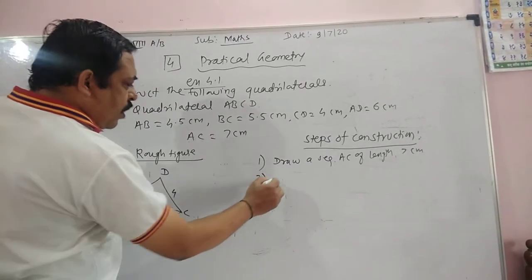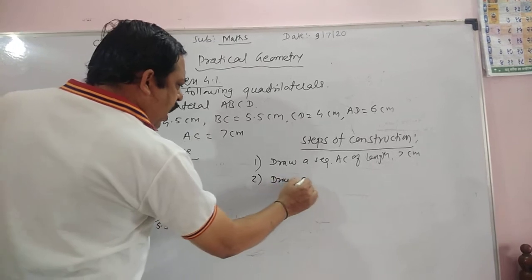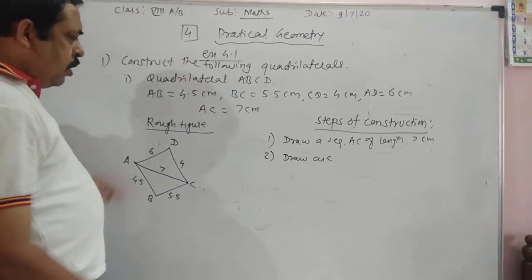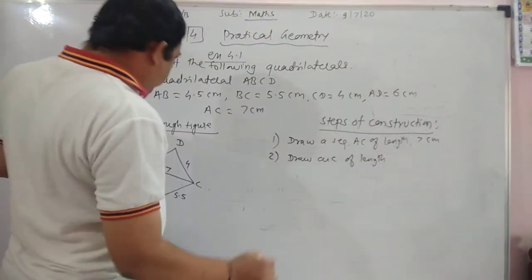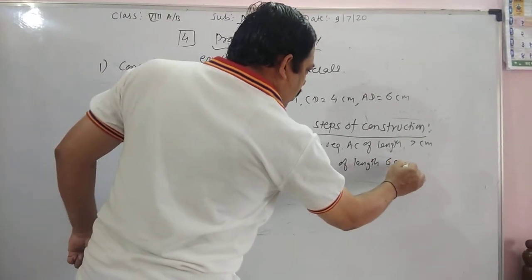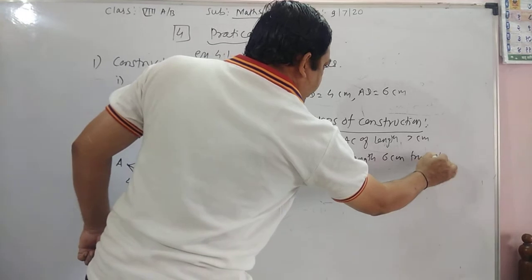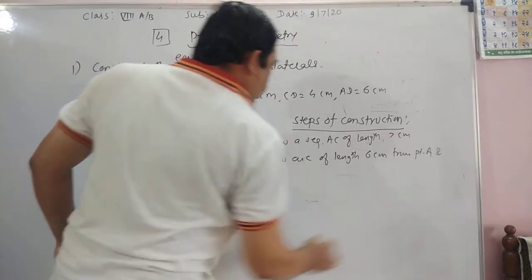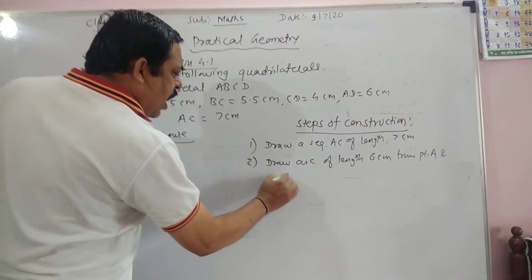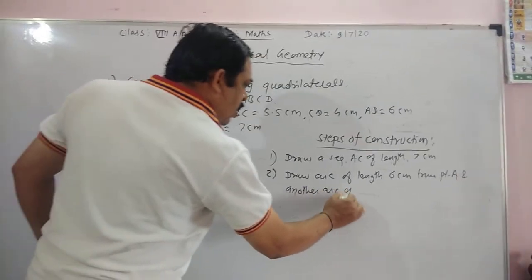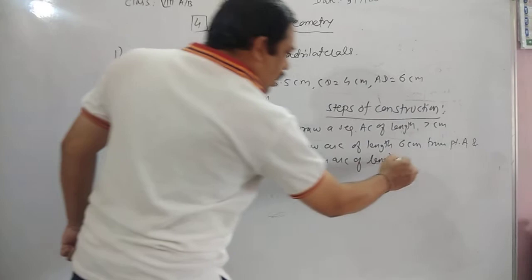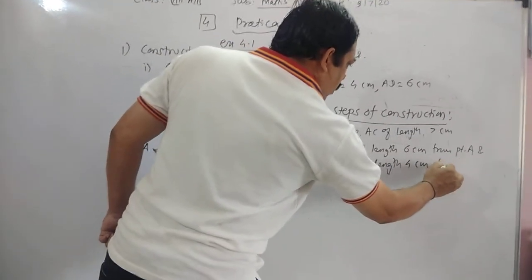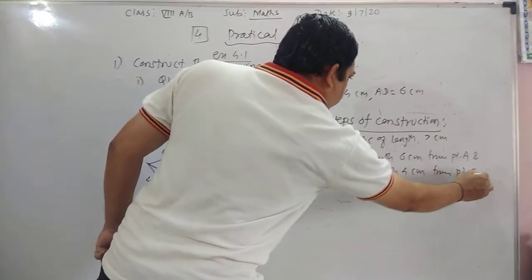Then draw an arc of length 6 centimeter from point A, and another arc of length 4 centimeter from point C.